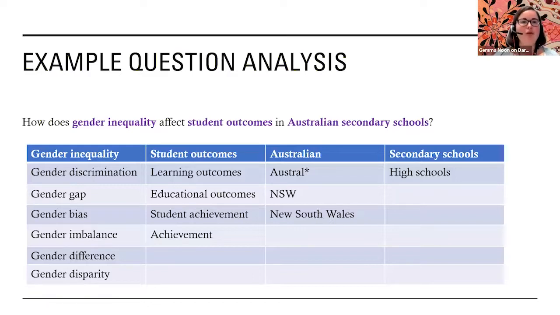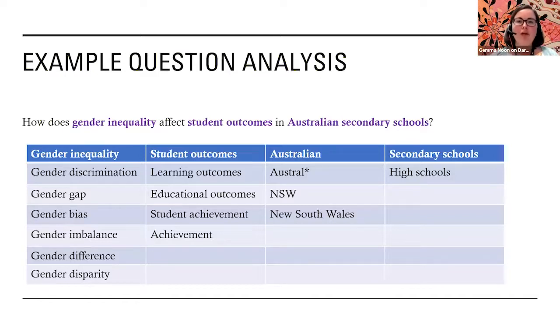So we can see here, if we look at this question in a bit more detail, there's quite a few synonyms for gender inequality, things like gender discrimination, gender gap, gender bias, gender imbalance, student outcomes, learning outcomes, educational outcomes, student achievement. We've got a few different options for the limit in terms of location and place.